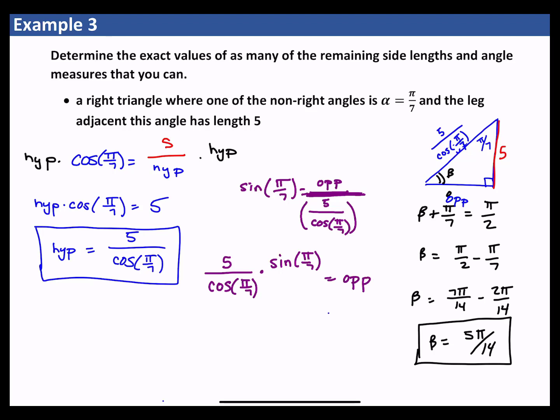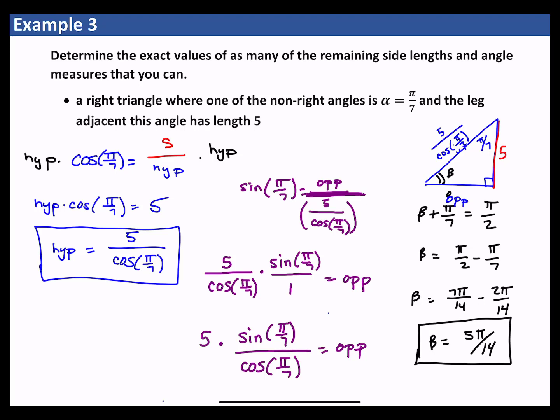So I'm going to rearrange this just a little bit. Since we're multiplying fractions, we could think about this as 5 times the sine of pi over 7 divided by the cosine of pi over 7, and that would give us the opposite side.